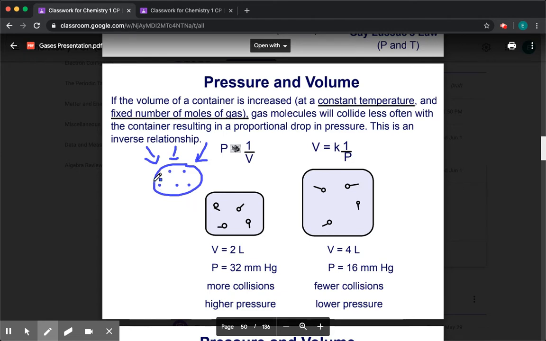If you decrease the pressure outside, the balloon is going to expand and get larger. So this is Boyle's law.